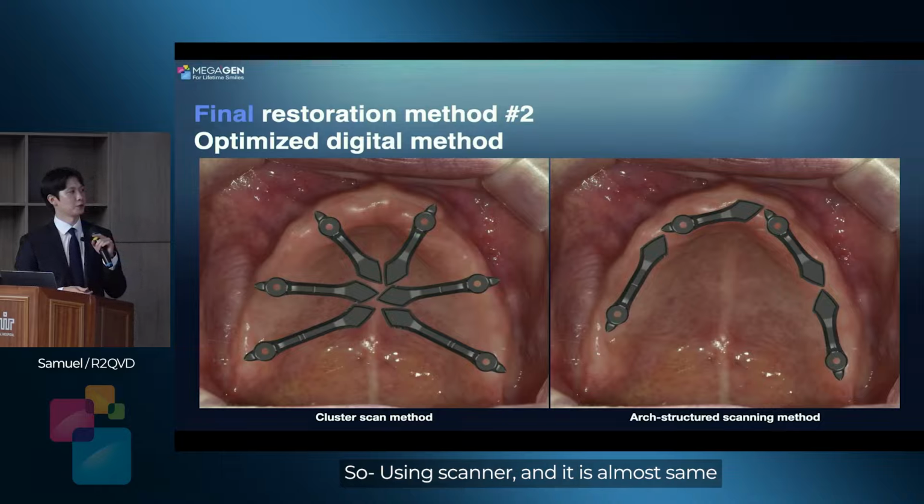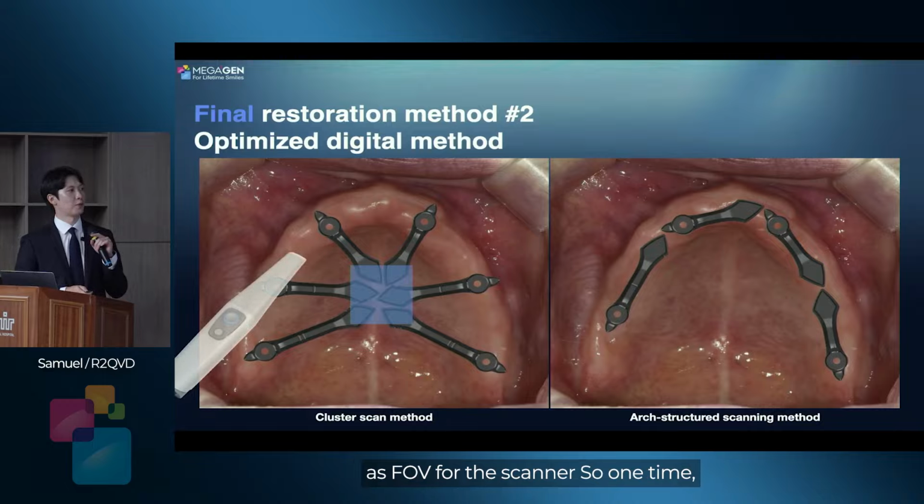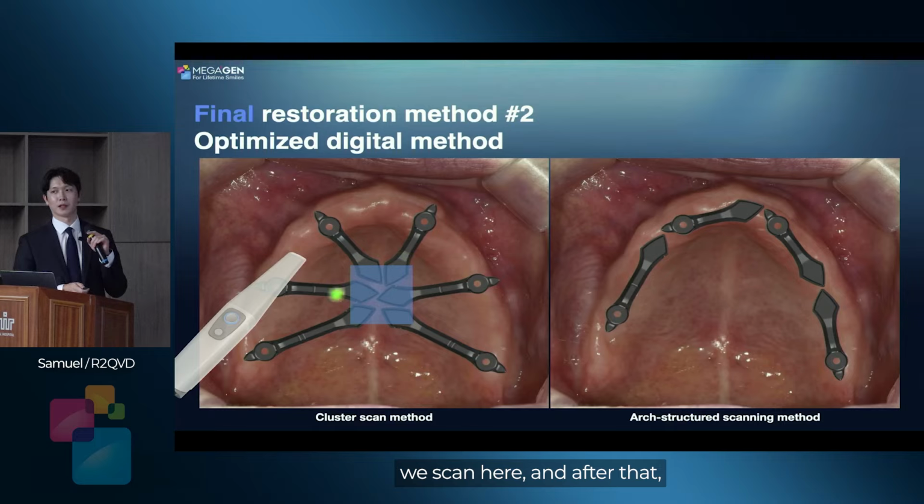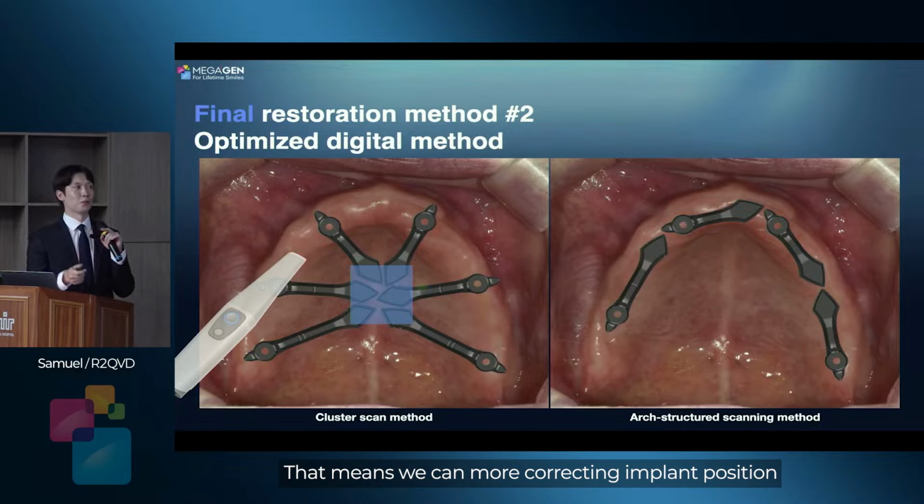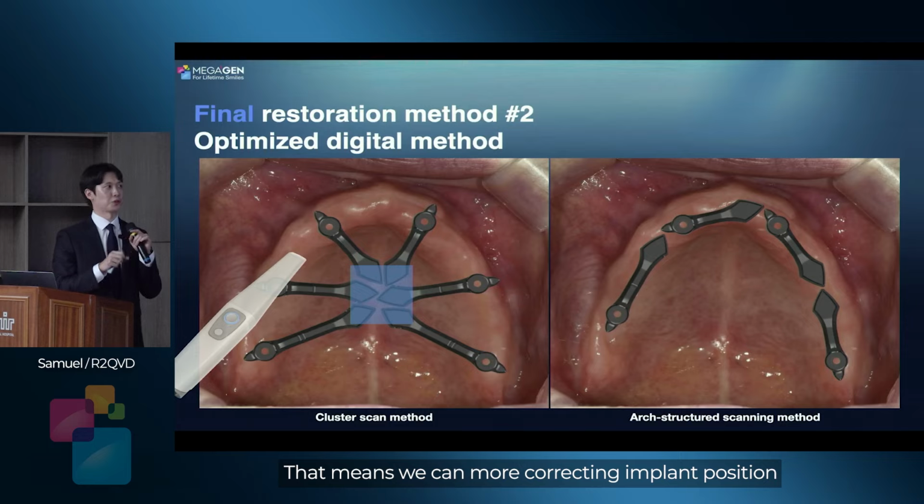So using the scanner, and it is almost the same as the FOV for the scanner, one time we scan here, and after that, next time we scan the gingiva, we merge together. That means we can correct the implant position more.